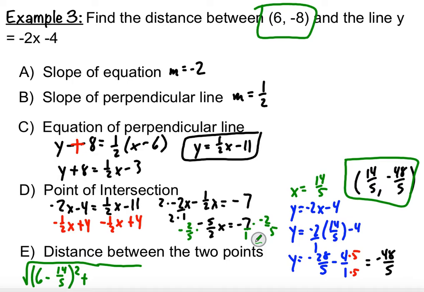Subtract your y's. We've got that minus a minus going on, so change that sign. So 6 minus 14/5, I'm going to have to get a common denominator of 5, and the same thing with the y terms, before I can square them.